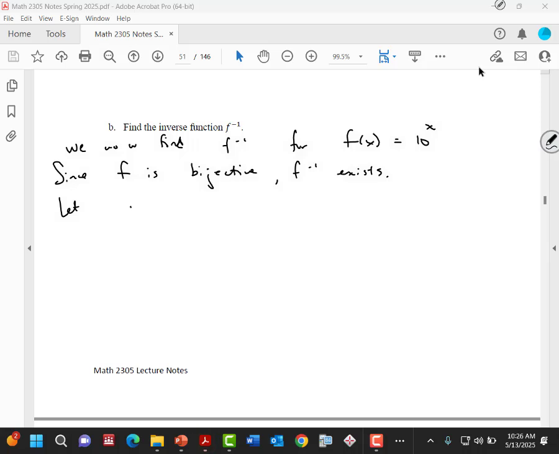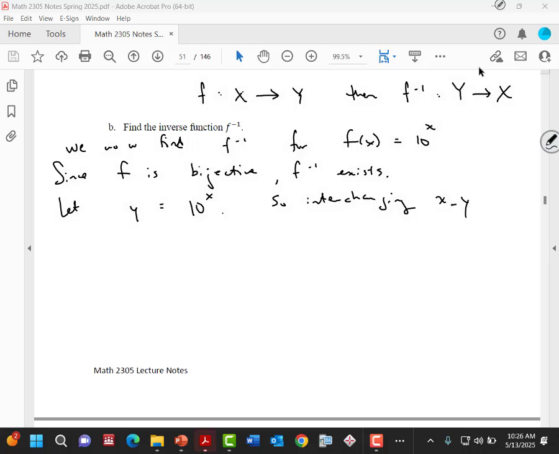Let y equal 10 to the x. If f maps x to y, then f inverse will map y to x. So, interchanging x and y gives x equals 10 to the y.